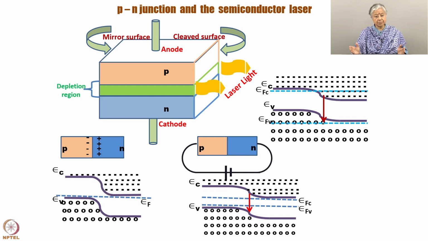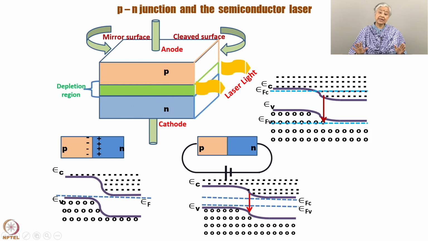And sometimes some of these surfaces can be coated to give a higher reflectivity, but generally they are cleaved, and this surface is made rough, so that no light comes out from here. All the lasing light will come out from here. Okay. So, that is what is meant by cleaved surface.